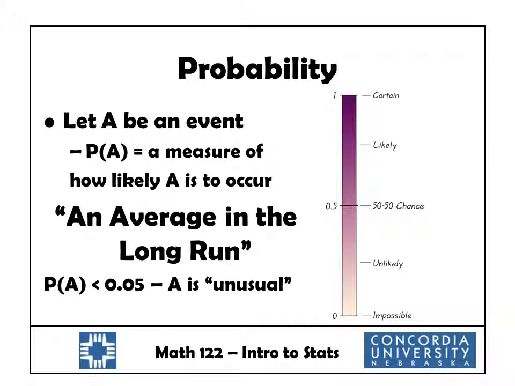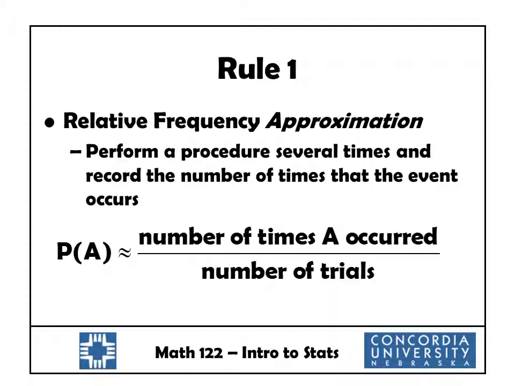It means if we did this activity over and over again, the probability of this event occurring would tell us what would happen if we did it a whole bunch of times. It's not going to tell us what happens on one instance or one trial, just what happens in the long run. And then we said that if the probability is less than 0.05, then we consider that event to be unusual.